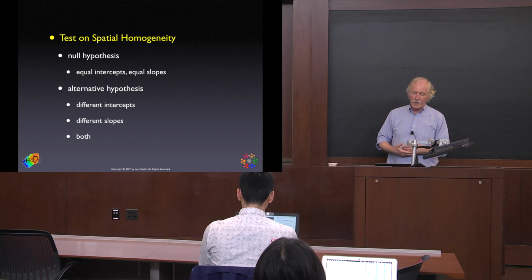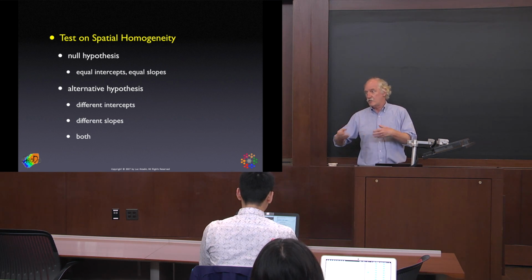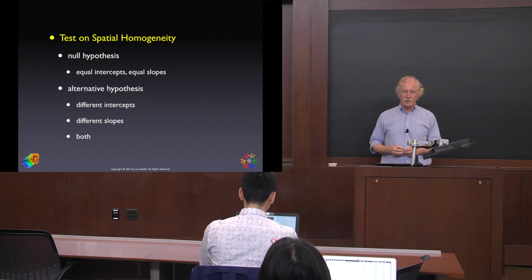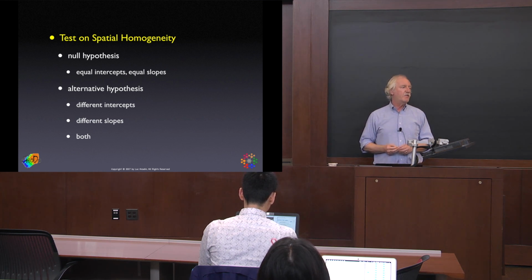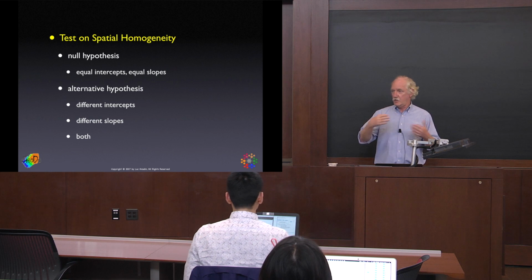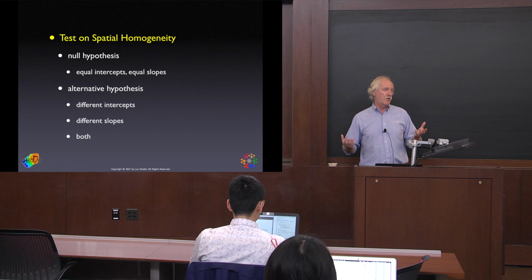That's a test on spatial homogeneity. It's just a test on homogeneity, but we call it spatial because our subsets are spatial. And if we reject this null, we can reject this for any number of reasons, right? It could be different intercepts, which is the ANOVA setup that we had before, or different slopes, or both, right?